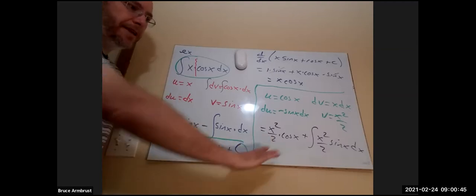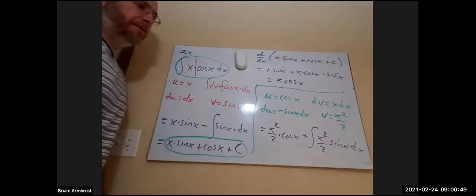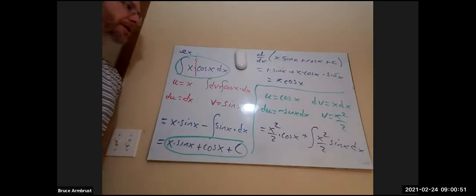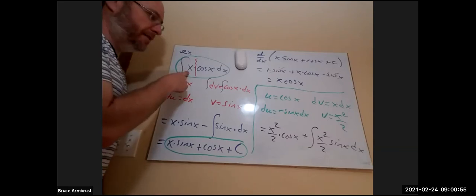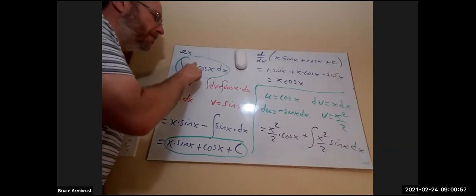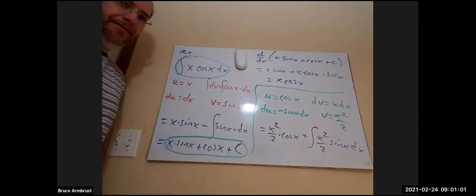So again, we're using the same form, uv minus the integral of v du. So again, we swapped the integral of x cosine of x for the integral of x squared over 2 sine of x.